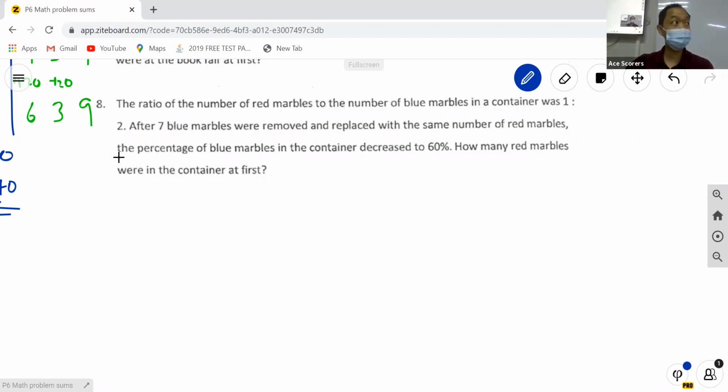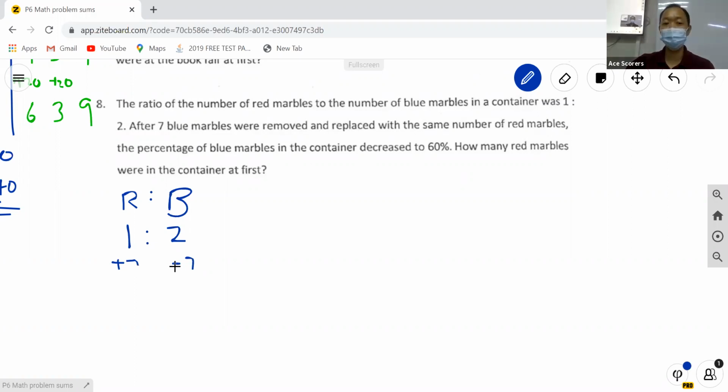Okay, so total unchanged. Now the ratio of red to blue is 1:2. So we write red is to blue, 1:2. Easy or not? Do you get this? No, I never get this. First line. Ah, okay. So after 7, blue will be removed, so minus 7, and replaced by the same number of red, so plus 7.